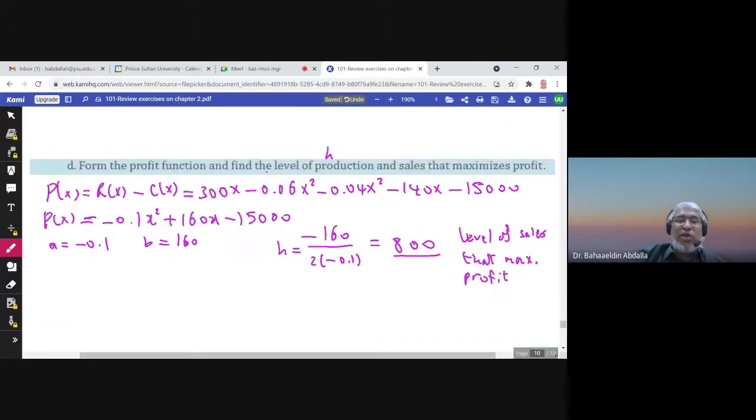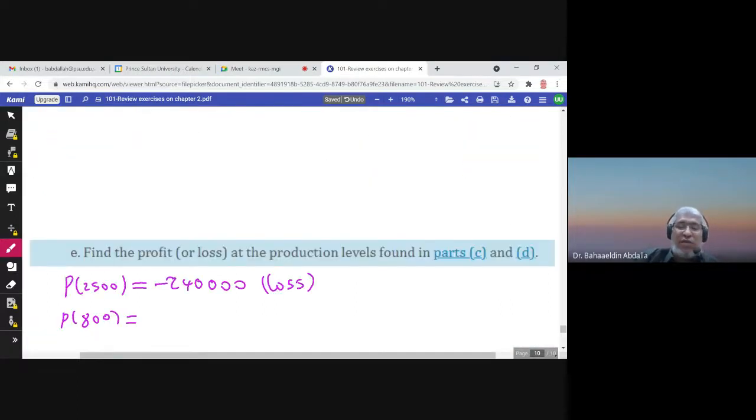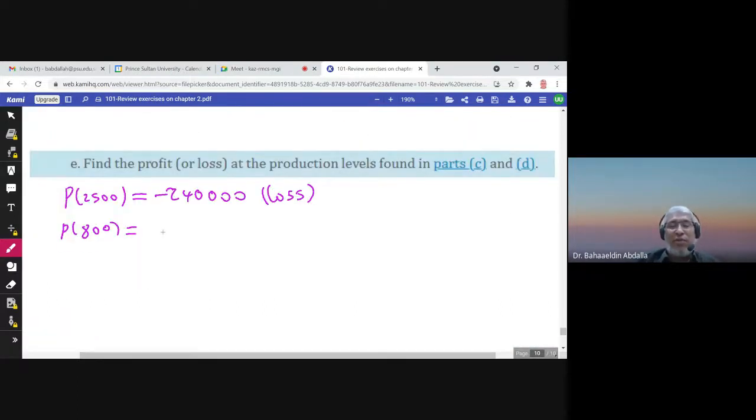So negative 0.1 times 800 squared plus 160 times 800 minus 15,000 gives 49,000. So the maximum profit is 49,000. This is actually the maximum profit. So pay attention to this point. We don't need to maximize revenue. We need to maximize the profit.